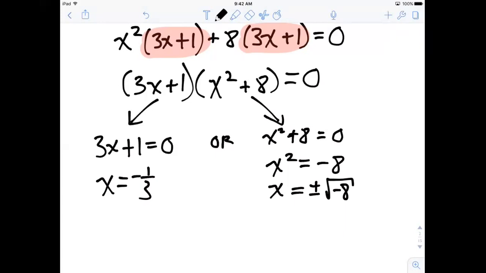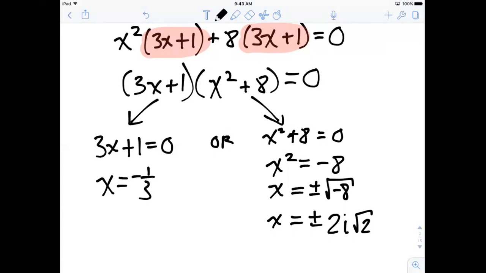And if you remember, the square root of 8 can reduce to 2 root 2. So that means the square root of negative 8 is going to be 2i root 2. So it's going to be plus or minus 2i root 2. So the 2 root 2 part comes from simplifying root 8. That's from previous lessons. And then the i comes from the fact that it was actually a negative 8 underneath that square root.